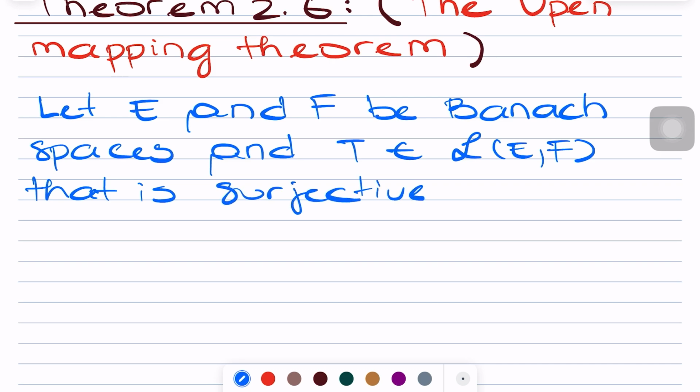Surjectivity is very crucial here, so I'm going to highlight that.